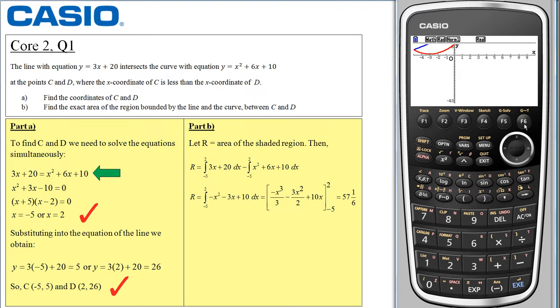Now you can see that most of the curve and the line are in the top left corner, and so I certainly need to change the scale. I can see that I have a lot of area down here not being used, and so I certainly don't need such a low negative value for the y-axis.